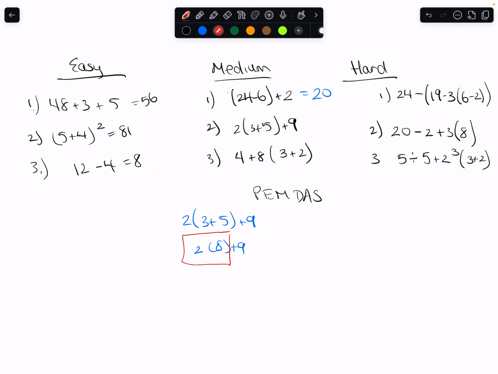This here is an example of multiplication, because this 2 times 8 is the same as saying it can be written as this. And 2 times 8 is 16. Bring everything else down. There's no division, but there is addition. 16 plus 9, 25.